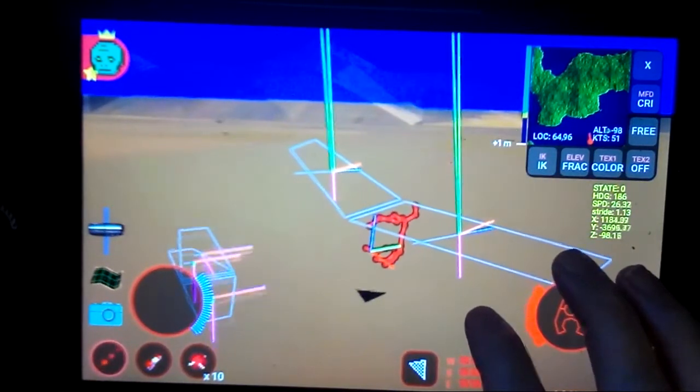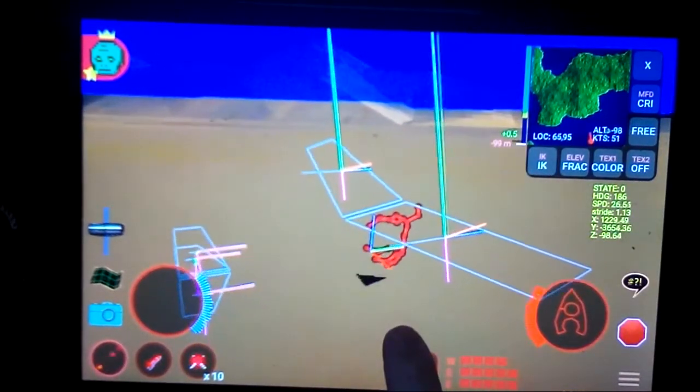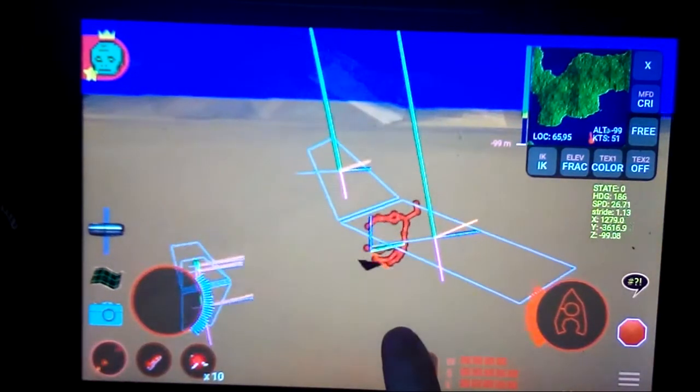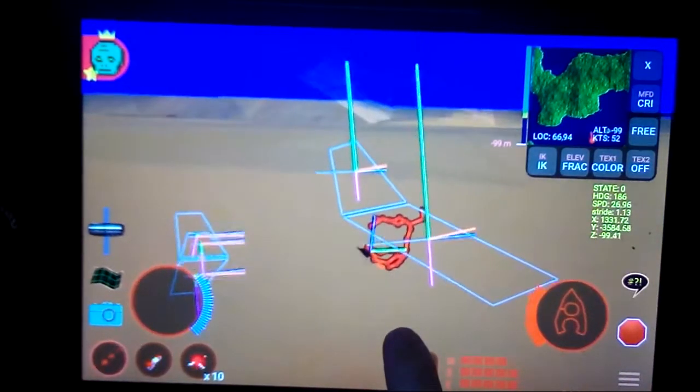Okay. Every time I touch the ground, it's a bounce. It slows me down a little bit.